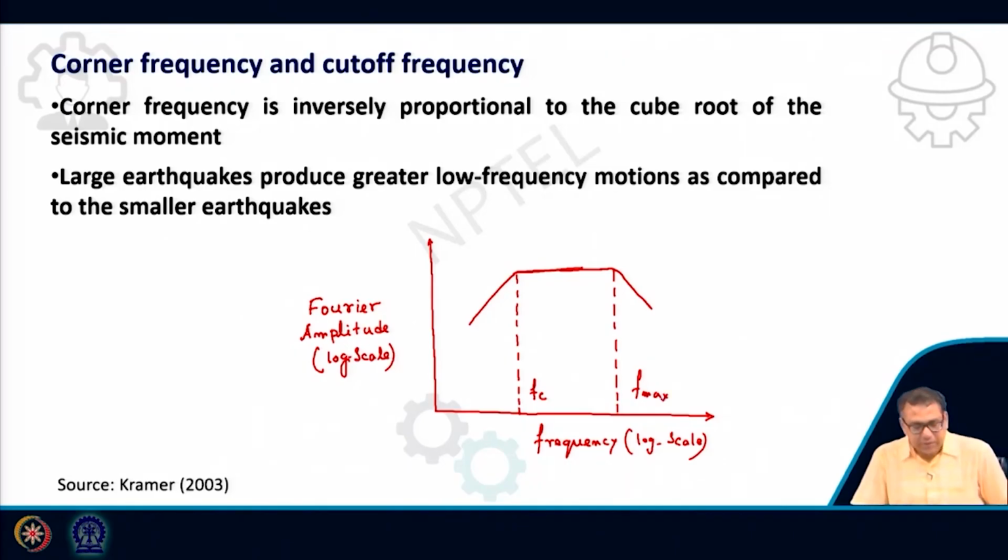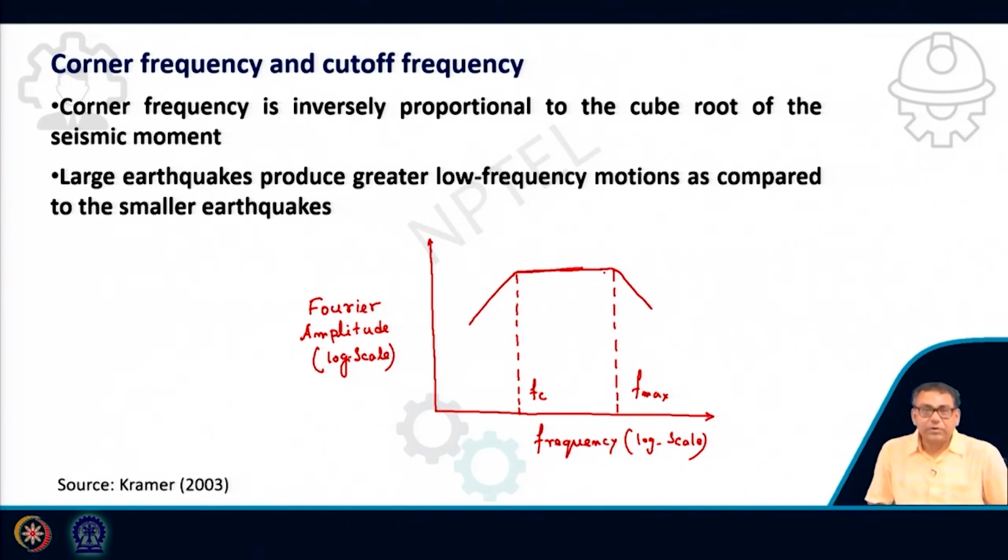So the corner frequency is inversely proportional to the cube root of the seismic moment. And here it indicates that large earthquakes produce great low frequency motion as compared to the smaller earthquakes.